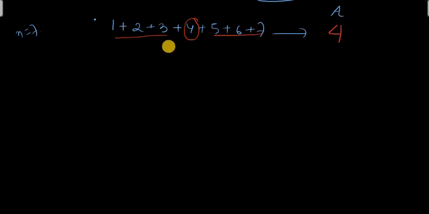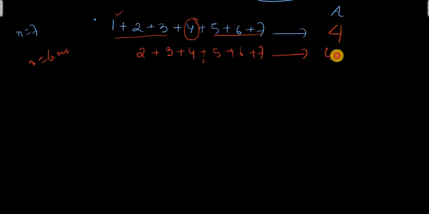If we exclude the first number, 2 plus 3 plus 4 plus 5 plus 6 plus 7, then n equals 6, which means even. The average of the two middle numbers, 4 and 5, is 10 over 2, which is 4.5.